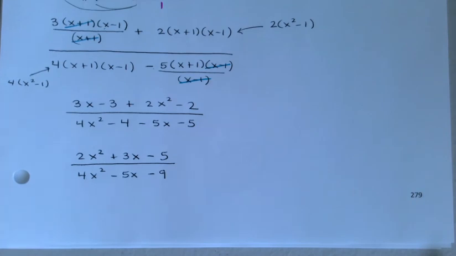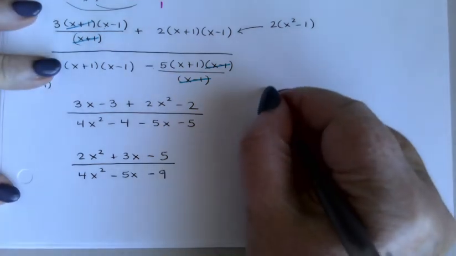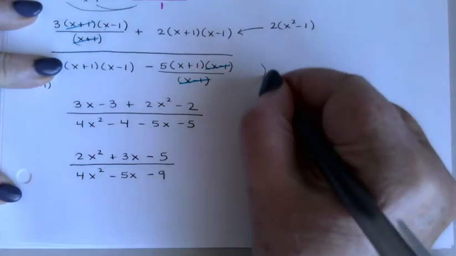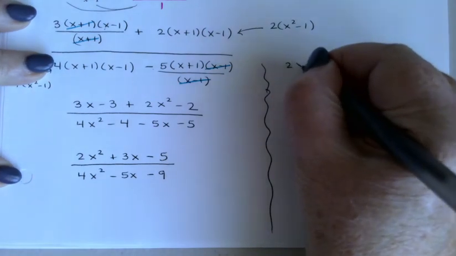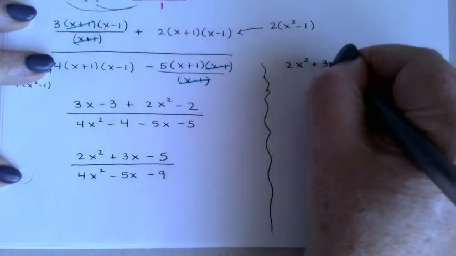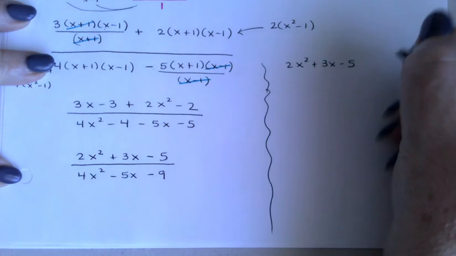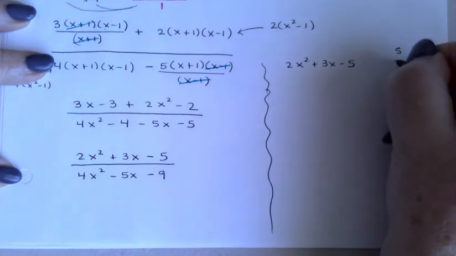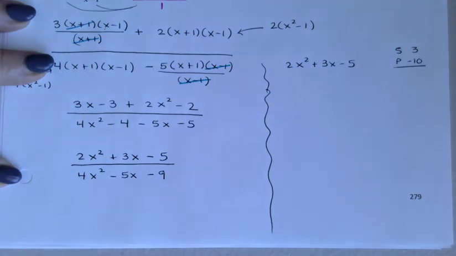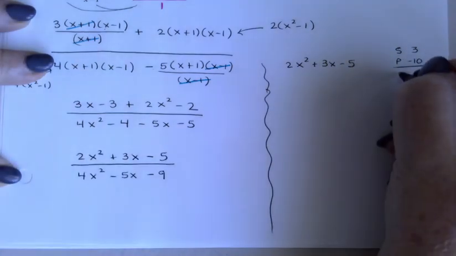Once again, I'm thinking I probably should check factoring here because I don't know whether that might reduce. So this one would require a sum of 3 and a product of negative 10. Let's see here. How about positive 5 and negative 2 on that one?